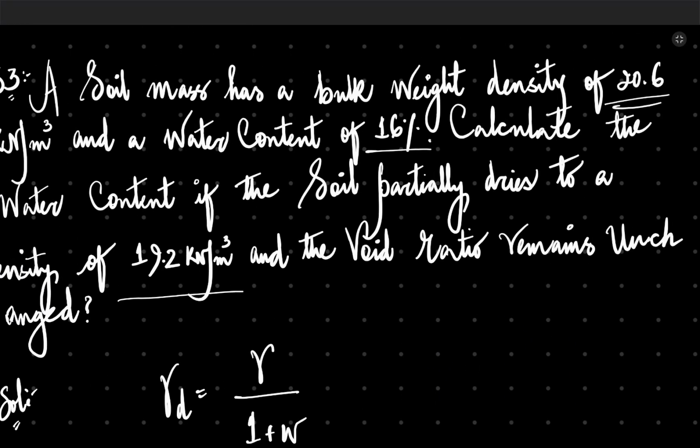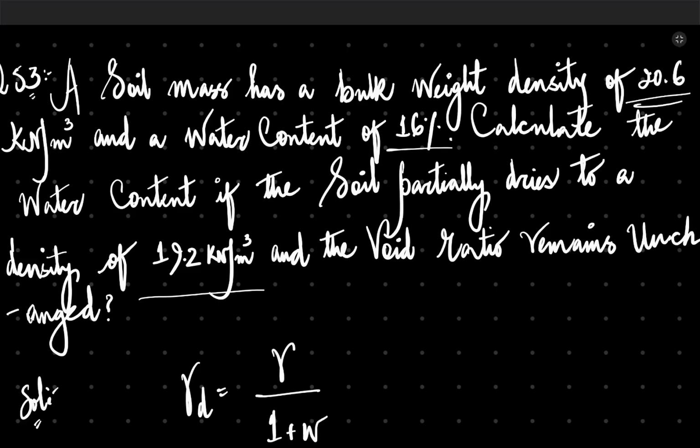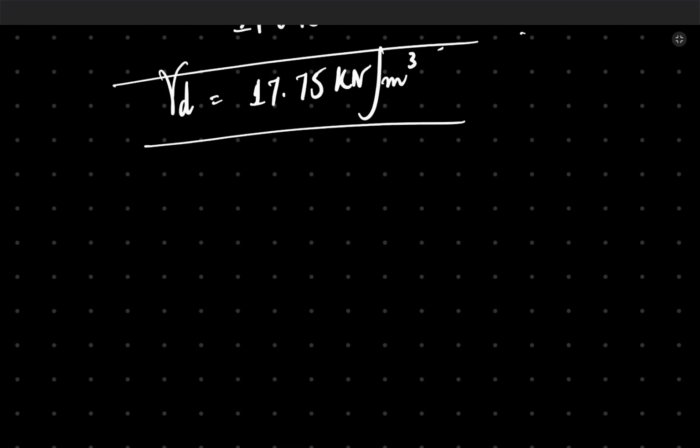All right. Now see carefully what the question says. Calculate the water content if the soil partially dries to a density of this and the void ratio remains unchanged. See, if the void ratio remains unchanged while drying takes place, the dry weight density also remains unchanged, since specific gravity of soil solids and the unit weight of the water do not change. All right, let me write it down here.